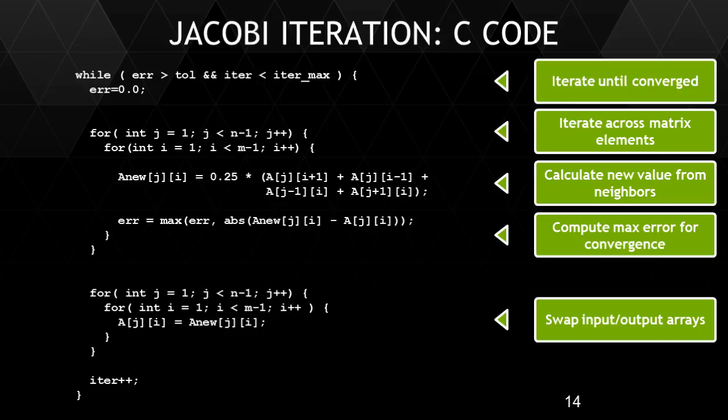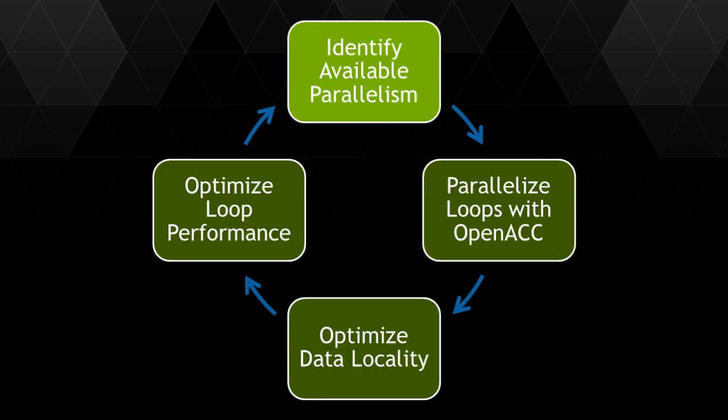So we take our next value and we load it into the A array. And yes, in a more optimized sense, some people would use pointer manipulation here. That's always pointed out to me that you could swap pointers here. But for the case of simplicity here, we're doing it in this way. So that's our algorithm. So step one is we're going to identify the parallelism available to us in this code.